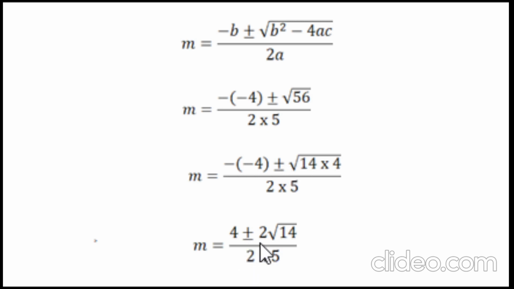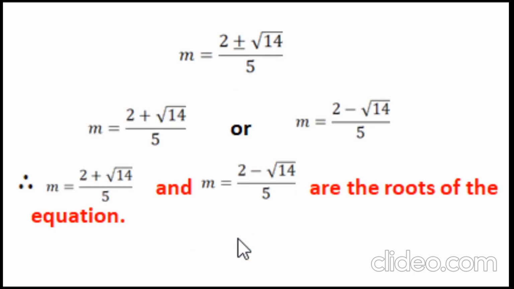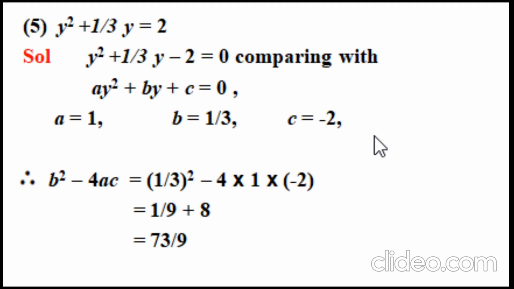So 4 plus minus 2 root 14 upon 2 into 5. This 2 and this 2 cancel. We get m is equal to 2 plus minus root 14 upon 5. So m is equal to 2 plus root 14 upon 5, or m is equal to 2 minus root 14 upon 5. These are the two roots. Then question number 5.